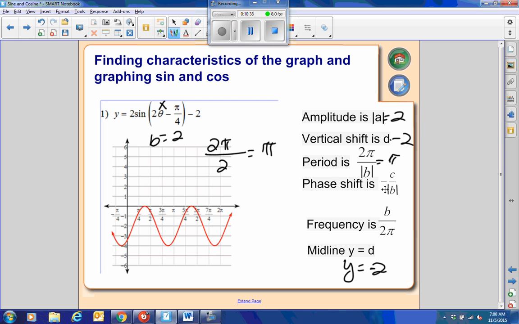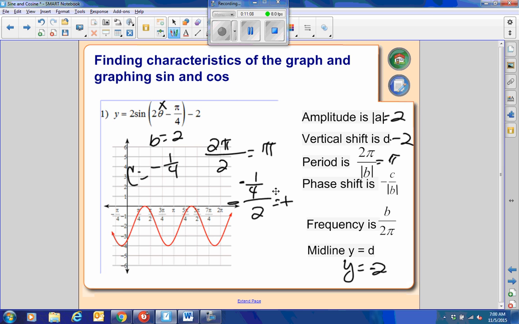And then the phase shift means c, so my c is -1/4, and my b again is 2. I put it in my formula, and I have negative 1/4 over 2, and of course I have the negative out front, which means my full answer is going to be positive.